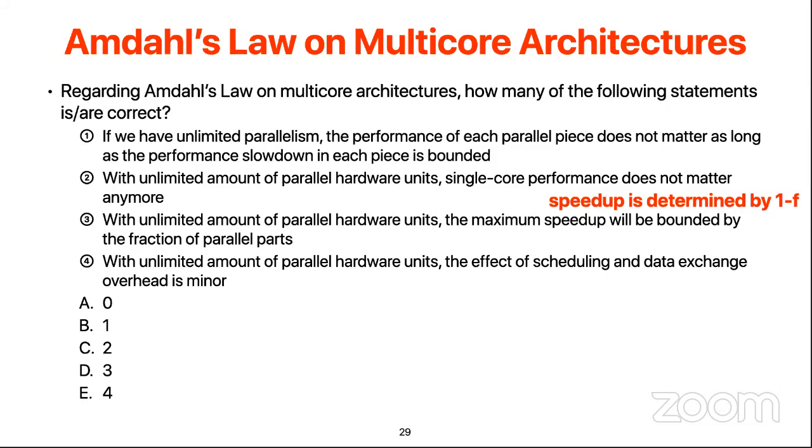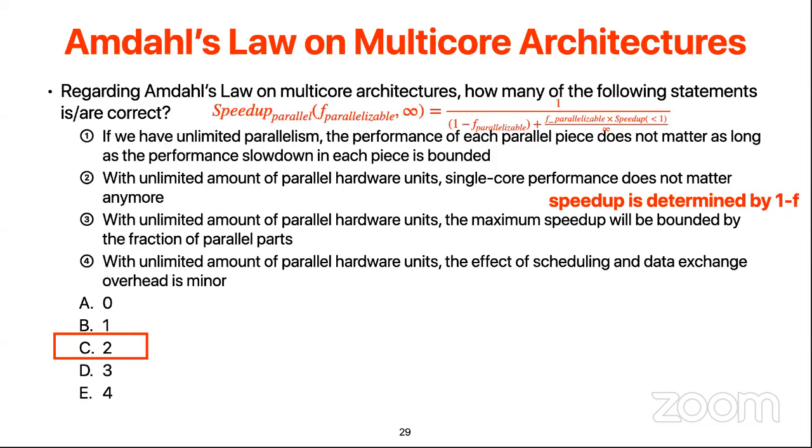So first of all, if you have unlimited parallelism, this part becomes really, really large and makes the whole f over n something that becomes not visible, right?